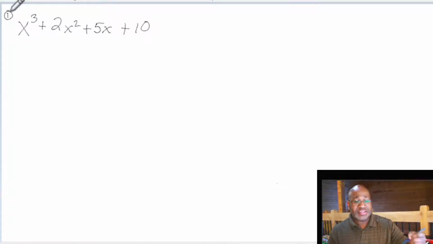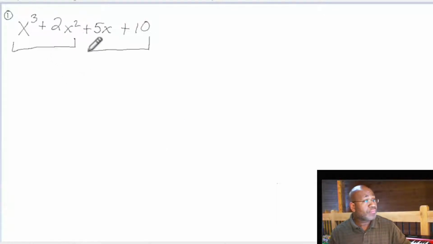Then the next thing, we pair off the terms. Once we pair off the terms, we factor out the greatest common factor for each pair. If we take a look at the first 2 terms, x cubed plus 2x squared, both of those terms have a common factor of x squared that we can extract.